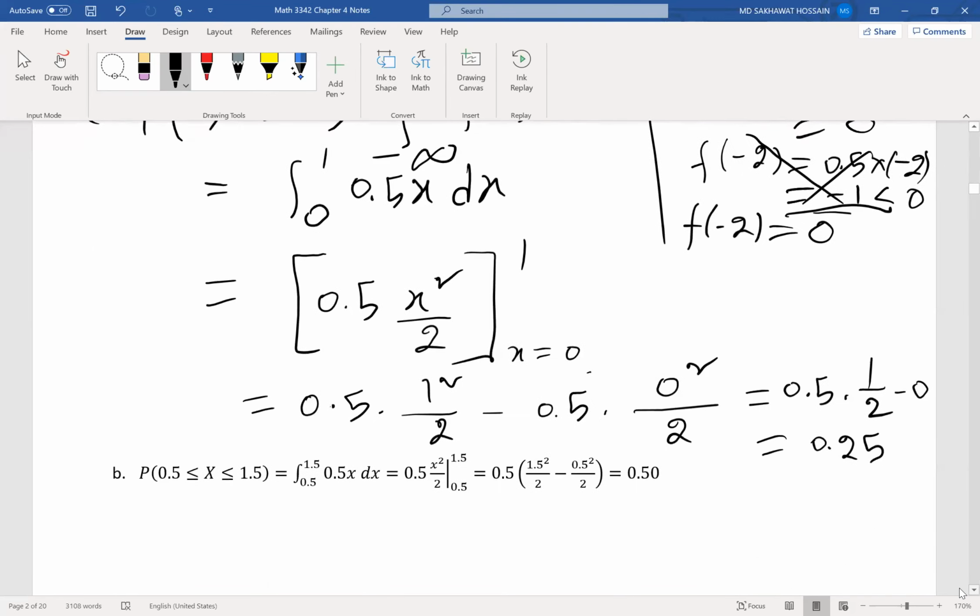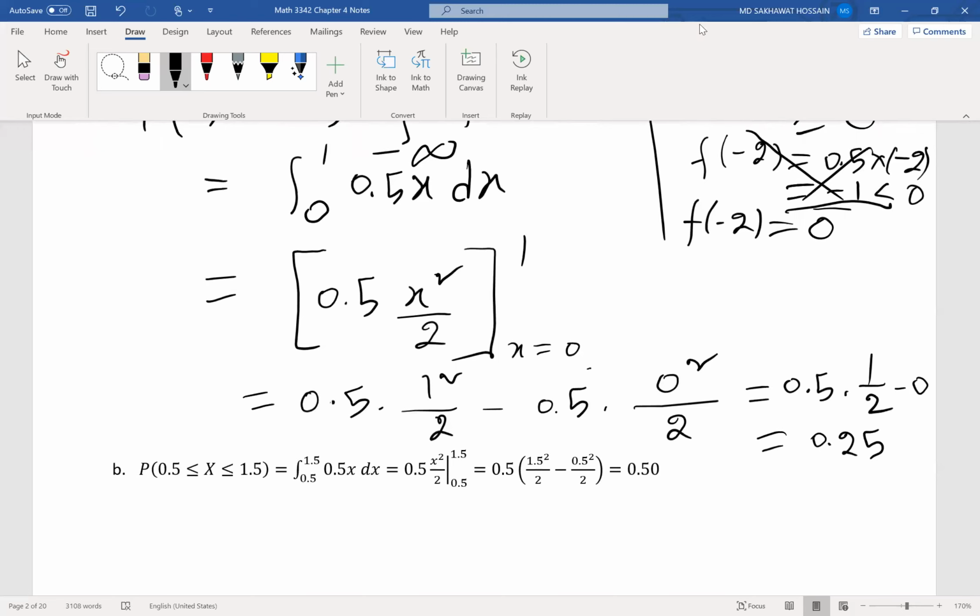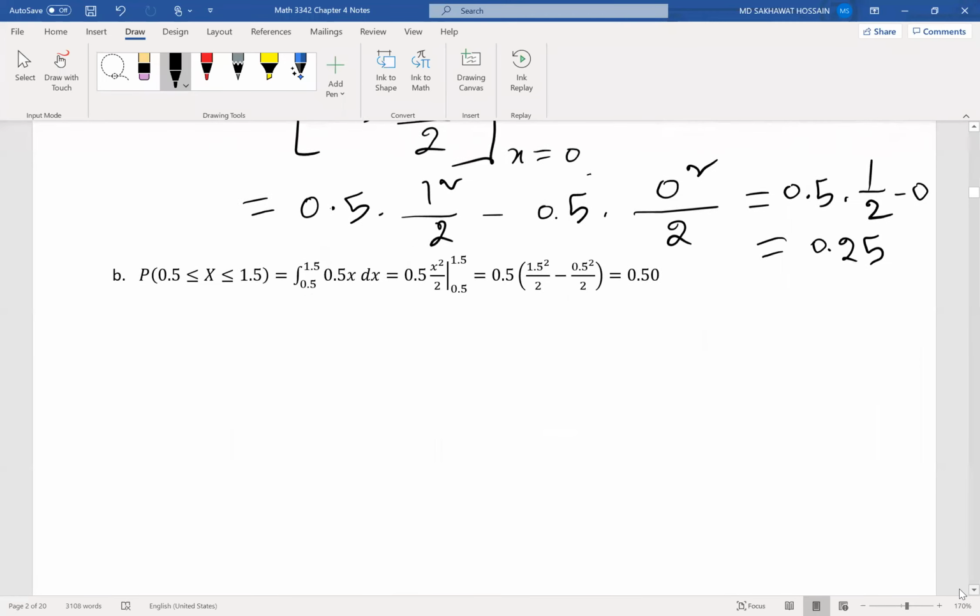Okay, if you do not know how to do the integration, I think you should learn this from a college algebra class. You need to know how to perform the definite integral.